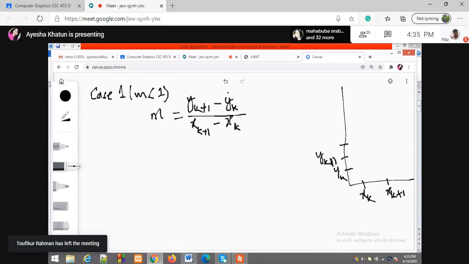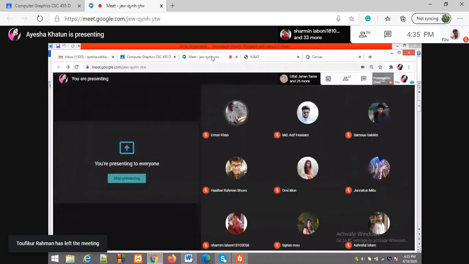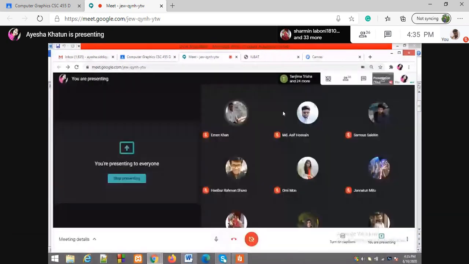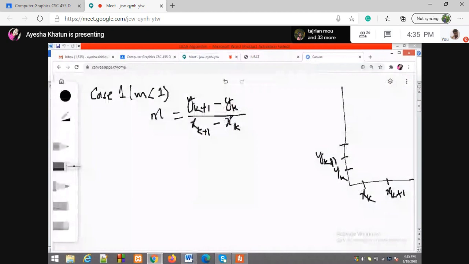Okay, so you understand how we get this, right? As we know, slope is equal to y2 minus y1 divided by x2 minus x1. So I am just writing, instead of x2 y2, k and k plus 1. I am denoting.